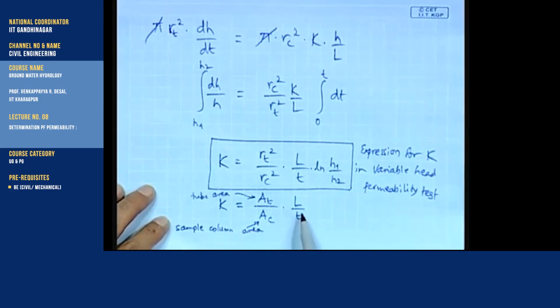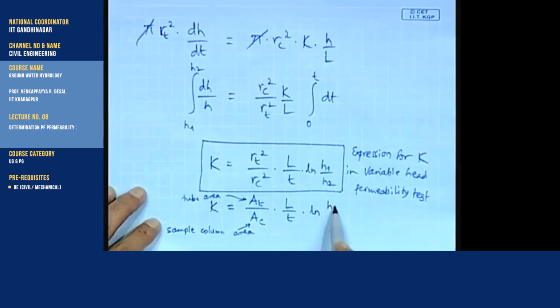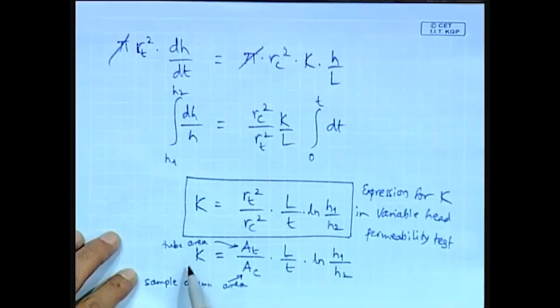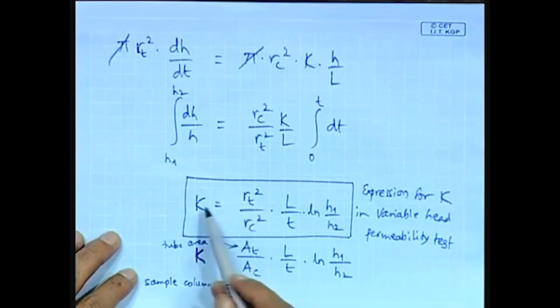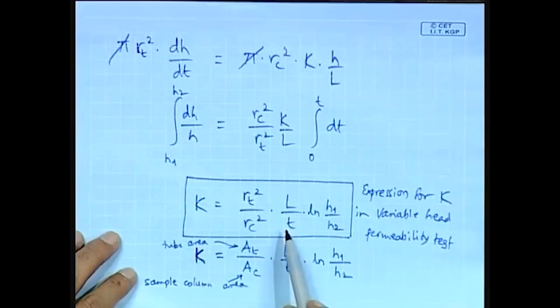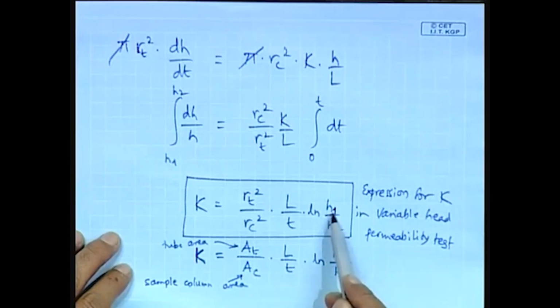So this is the expression for the hydraulic conductivity, and if both the tube as well as sample are circular in shape, which is generally the case, then simply K is equal to RT square by RC square into L by T into natural log of H1 by H2, where H1 is the initial head at time equal to 0 and H2 is the final head after the flow of water through the soil or rock sample at time equal to T.